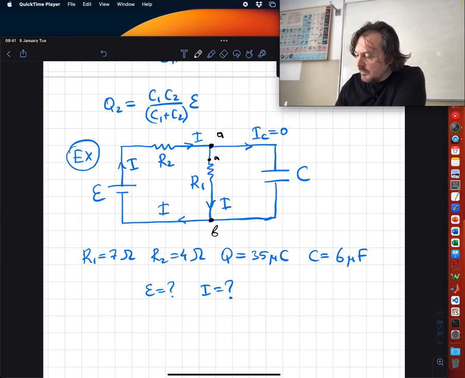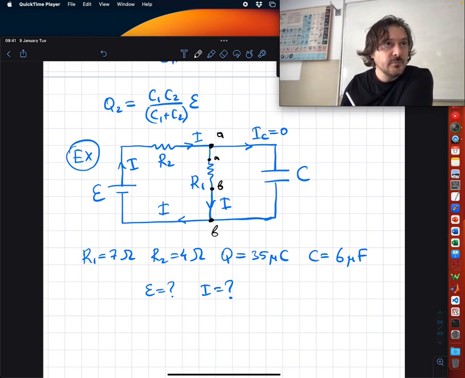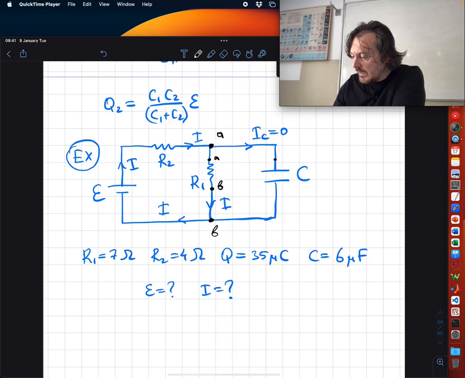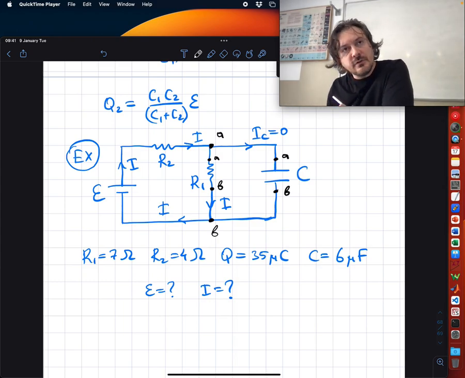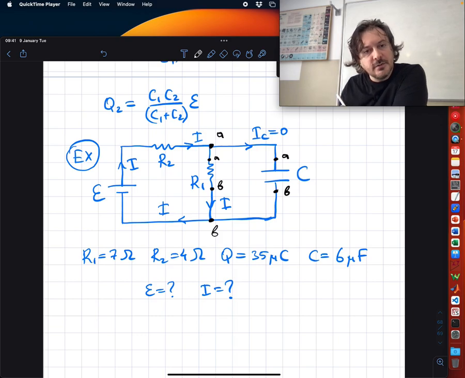And also this point has the same potential because there's nothing in between. Also this one has the same potential, nothing in between, right? This one has the same potential, nothing in between. So the potential difference on top of the capacitor must be the same as the potential difference over the resistance R1.